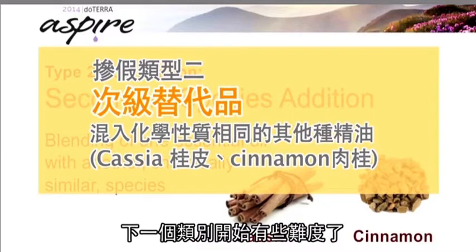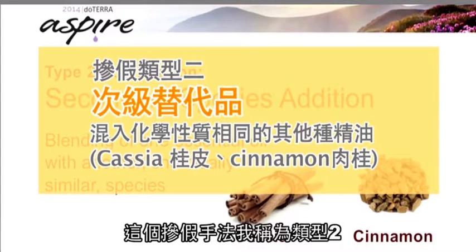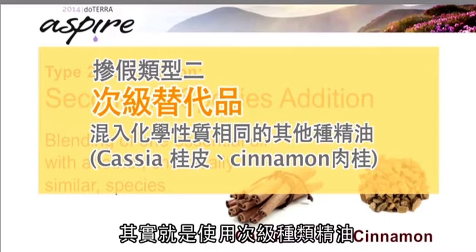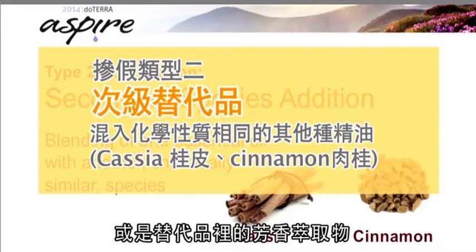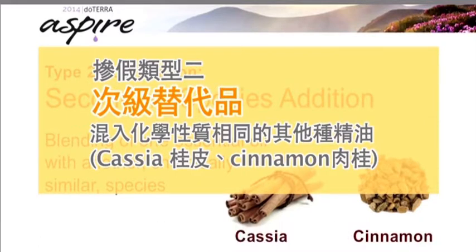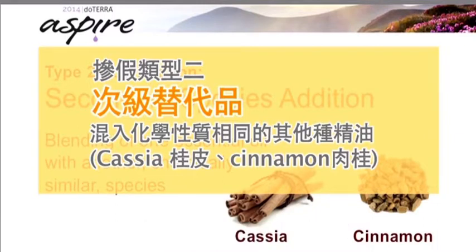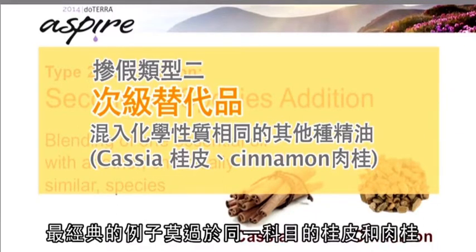The next type, which is getting a little more advanced, the next type of adulteration is what I call type 2, or a secondary species addition. Really, this should say secondary species or natural isolate from a secondary species, because both of these are commonly used. A perfect case in point would be cassia and cinnamon bark, that system.